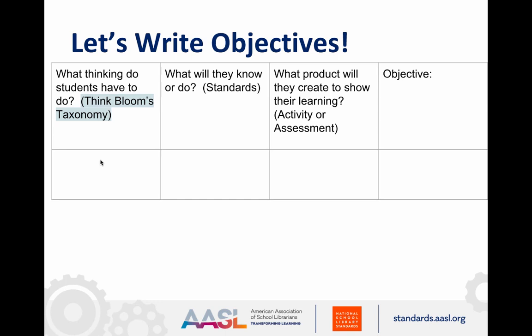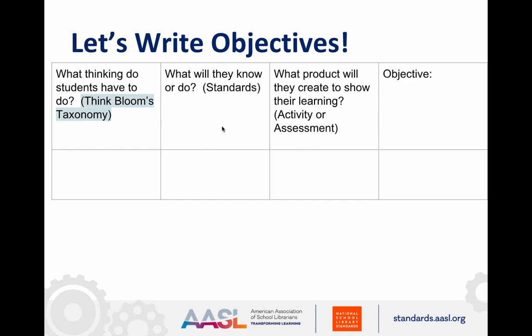And immediately when I say generate in my head, the next part that wants to fill itself in is generate what. So I'm going to skip out here to this last box. What product will they create to show their learning? Students will generate a works cited page.